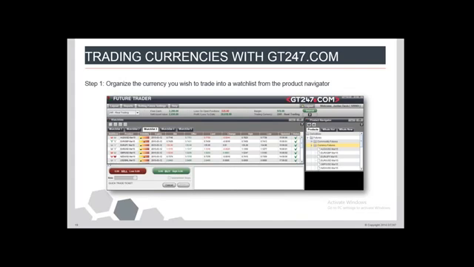This is just a snapshot of our portfolio and how it's structured. The first step in trading a currency, or any instrument for that matter, is to go to your product navigator, select a specific instrument that you would like to trade, and put that on your watch list so that you can keep an eye on its movements.